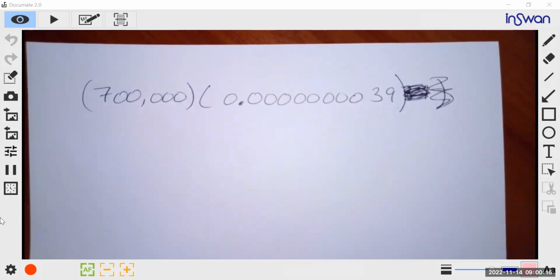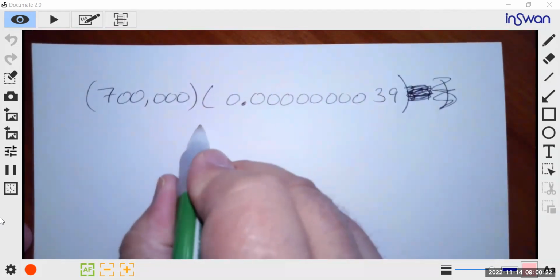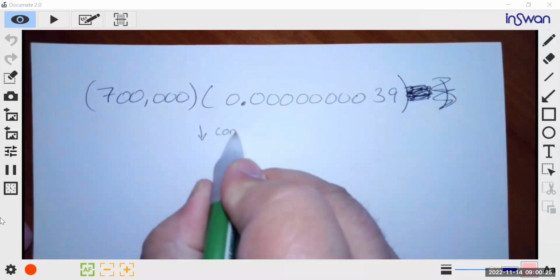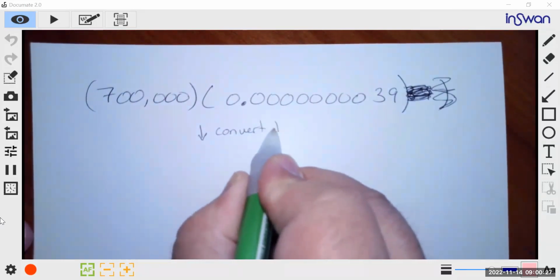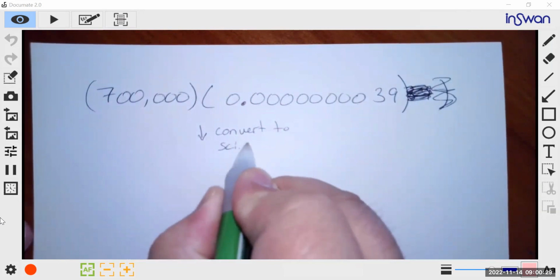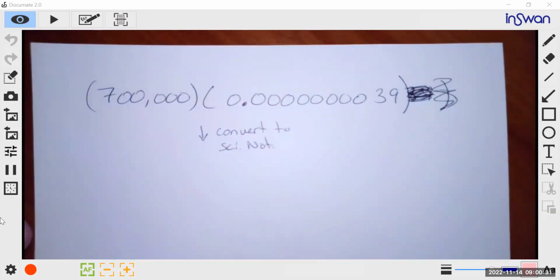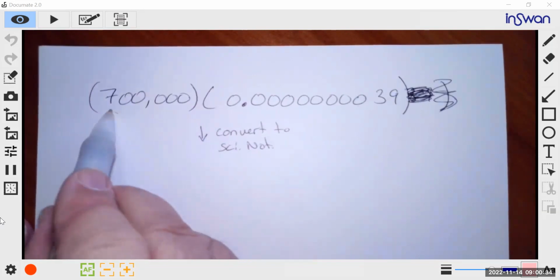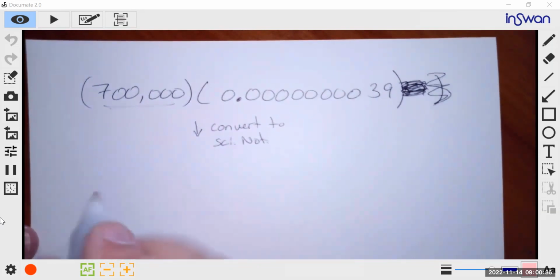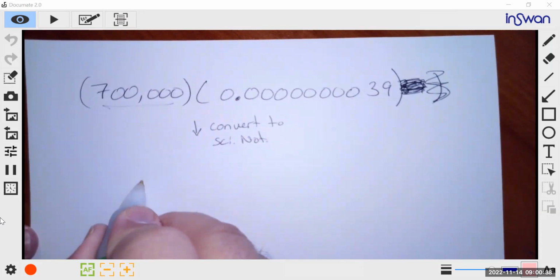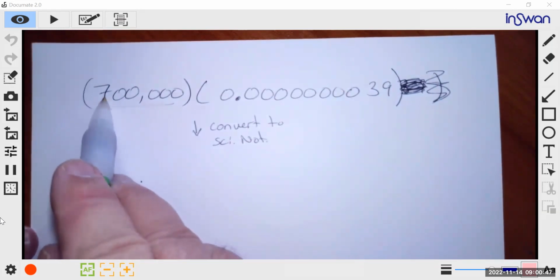So what's the first thing you have to do? Convert to scientific notation. What is this one going to be in scientific notation?